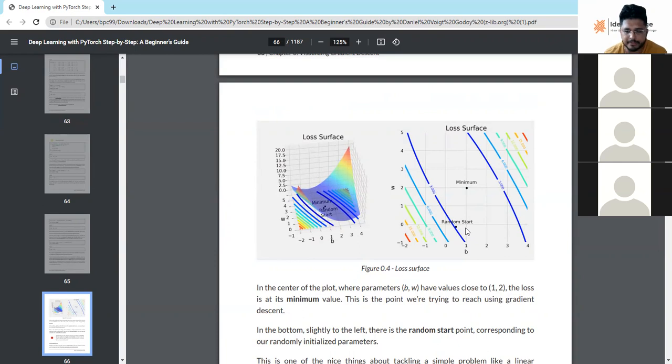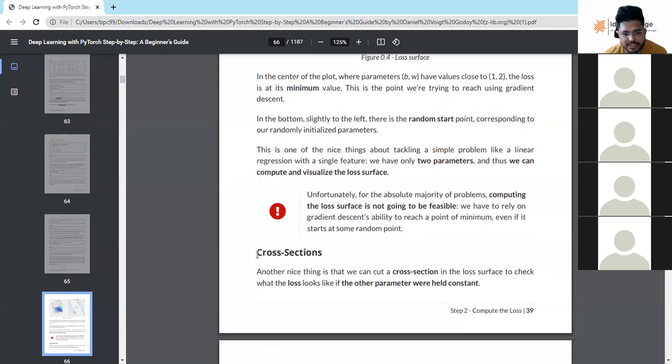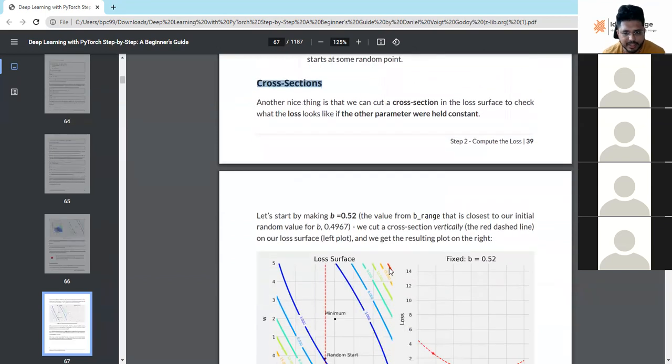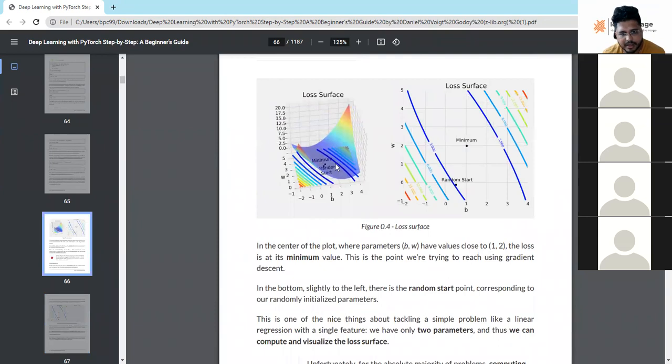Yes. So okay. So here we will come to a concept called cross sections. Okay, cross section. This is very important. Cross section means, imagine this is a 3-dimensional graph, right? If I make W constant, then I can think of a plane where W is 2.